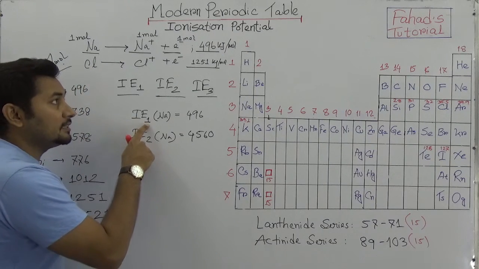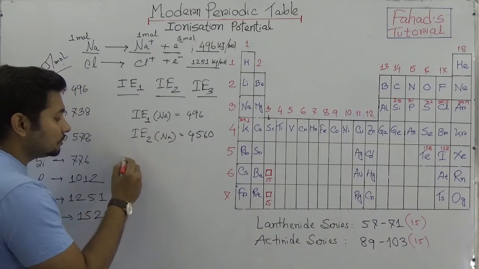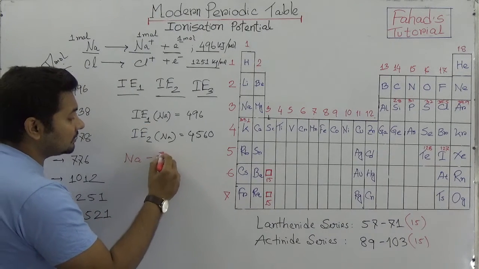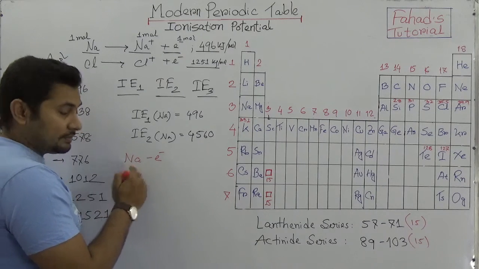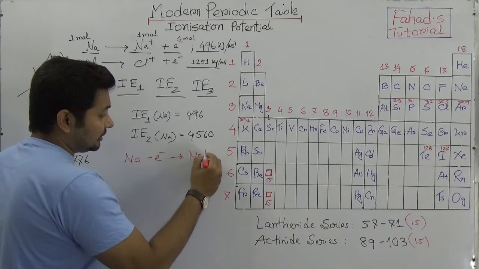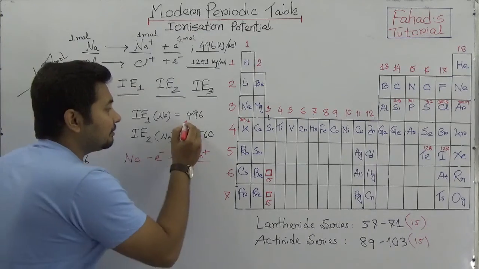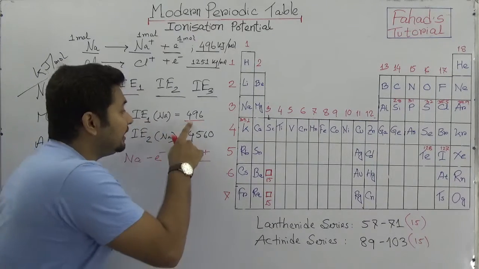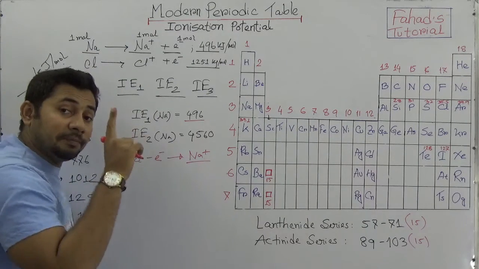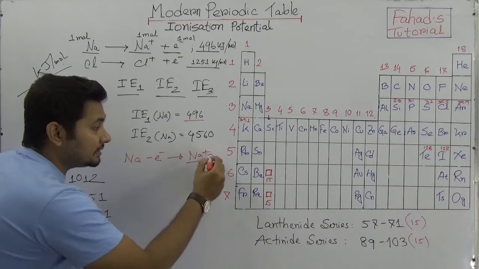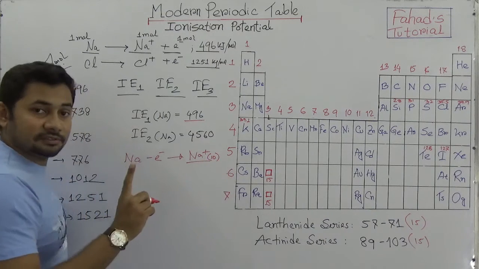In case of ionization energy 1, we need to remove 1 electron from 1 sodium atom and it will become sodium plus. The required energy is comparatively very small, 496. When it becomes sodium plus, it has only 10 electrons.